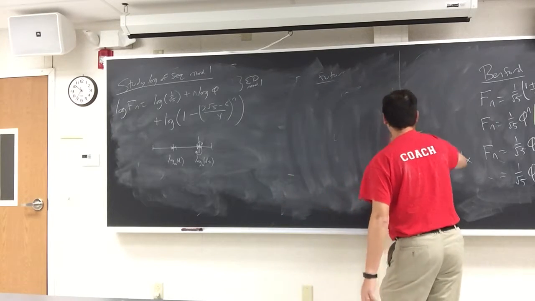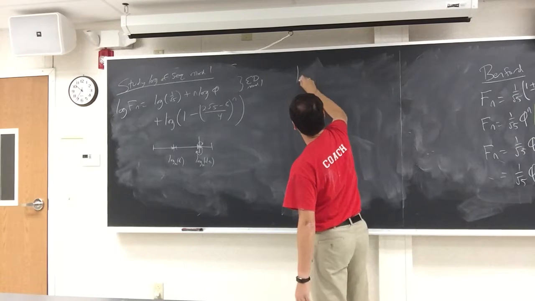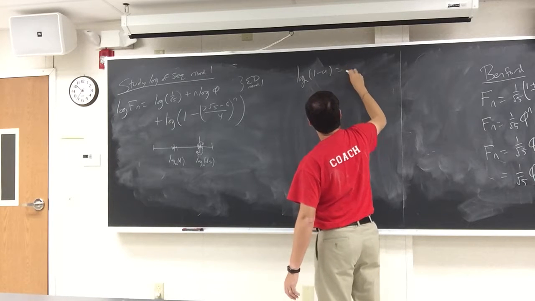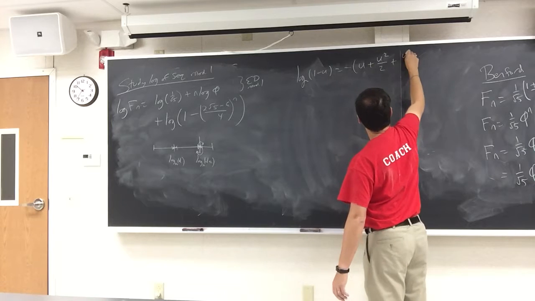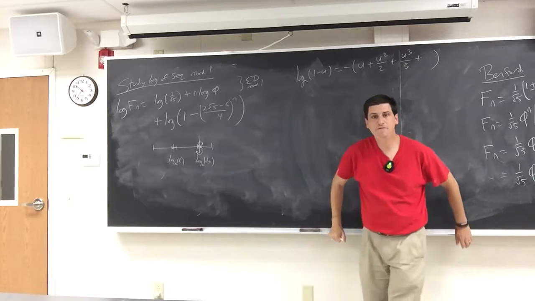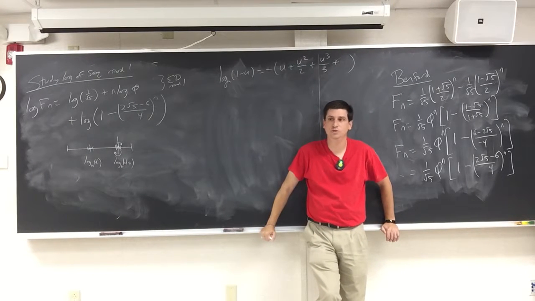Taylor series. Right? The log of 1 minus u is negative u plus u squared over 2 plus u cubed over 3. If u is really small, it's approximately equal to minus u.